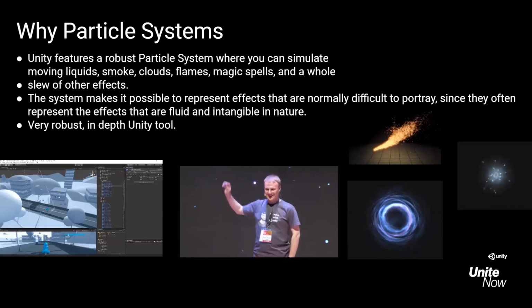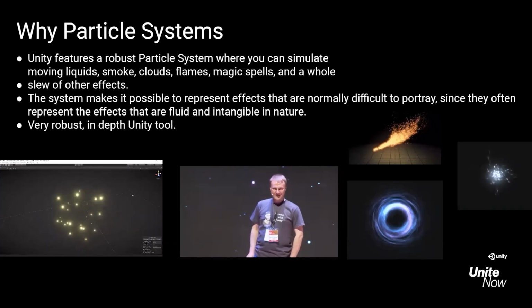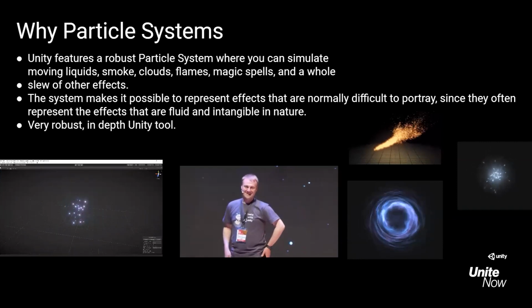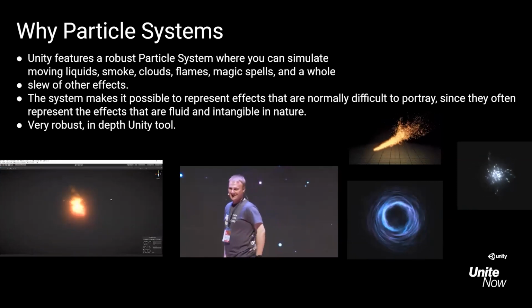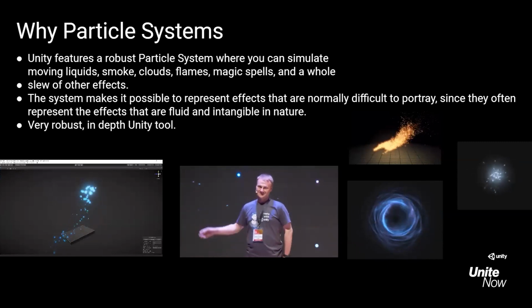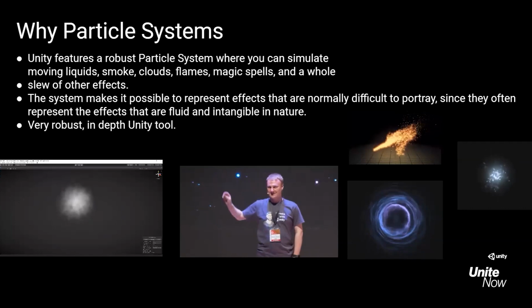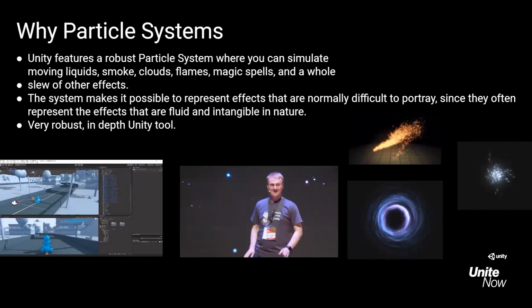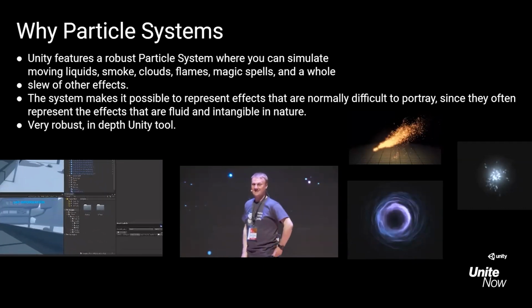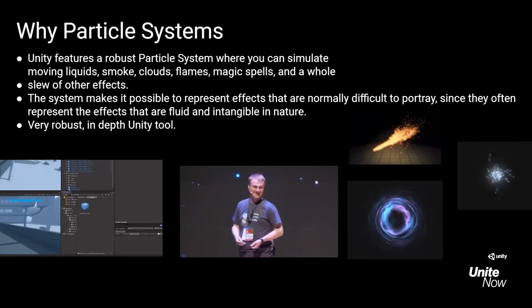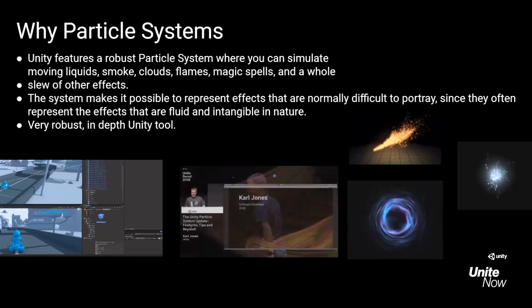But in this case, we are starting with the first particle system. This particle system is capable of rendering thousands of particles and is locked to the CPU. So that's the distinct difference: VFX Graph, GPU; particle system, CPU.